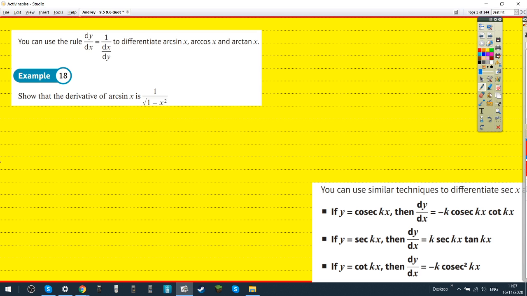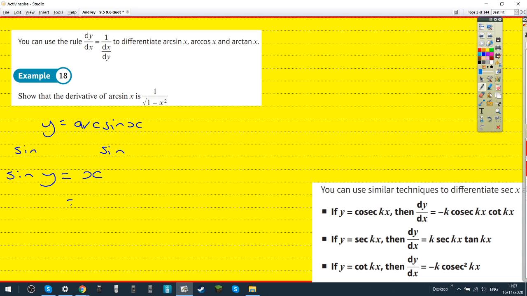Okay, let's see. So y is equal to arc sine x. And so maybe do sine to both sides. What would you get? Sine y equals x.